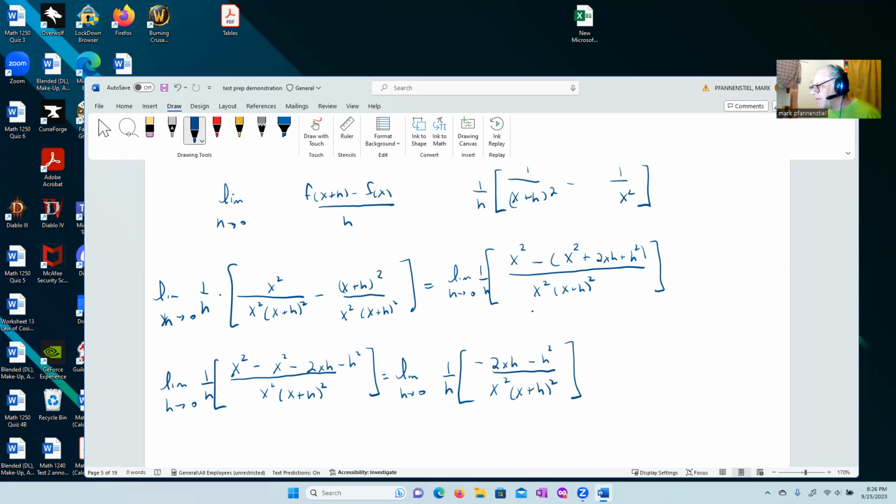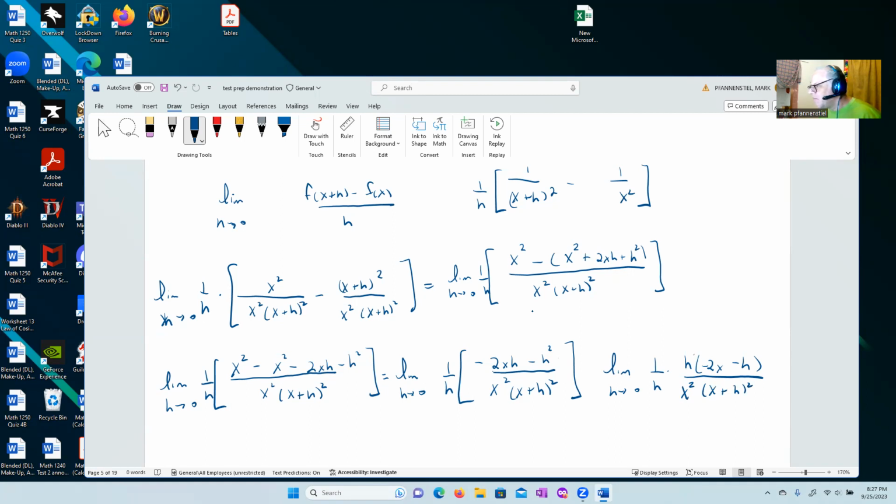Why don't we factor that out? So we have the limit as h goes to 0 of 1 over h times h(negative 2x minus h). I like to do it this way just because I often teach pre-calculus, and a lot of times people forget. They just start canceling h's without really being careful about it. So I try to be careful about it just to show people, hey, this is what you're supposed to do.